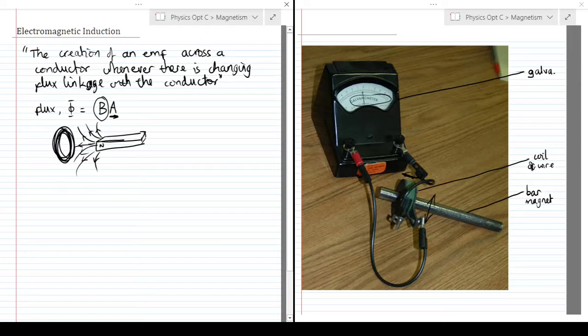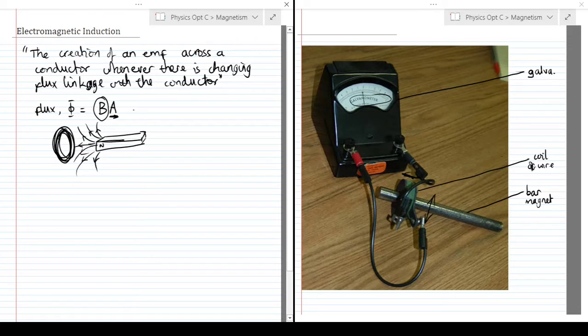So in that way, you are moving the magnet such that the flux density in the region of the coil of wire is going from low flux density to a higher flux density if you move the north pole towards it. So you are increasing the flux linkage with the coil by increasing the magnetic flux density.